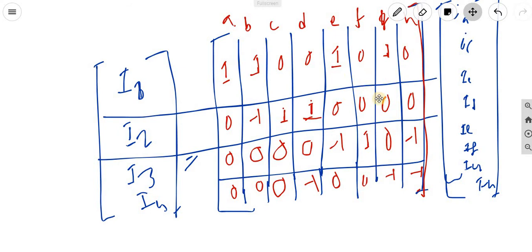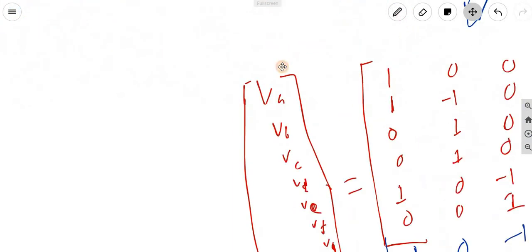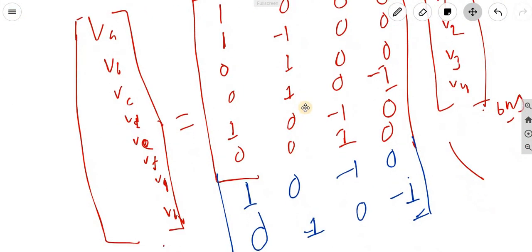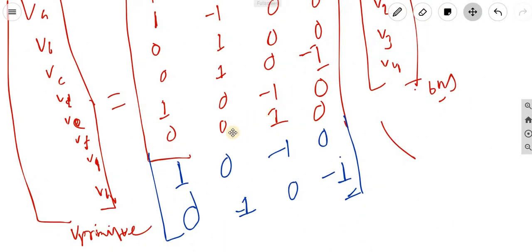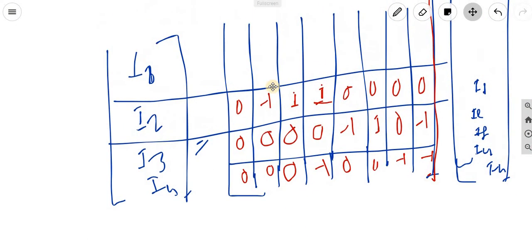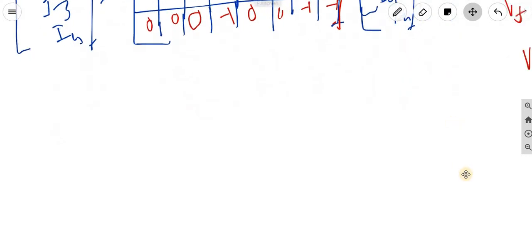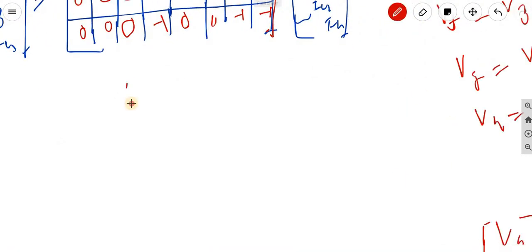So this is also one matrix in 0, 1 form. Before also we got one matrix, this matrix. Okay. So for this matrix and this matrix, what we could get? The similarity. So this matrix we can create as a transpose of that.